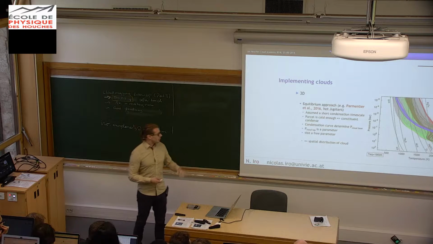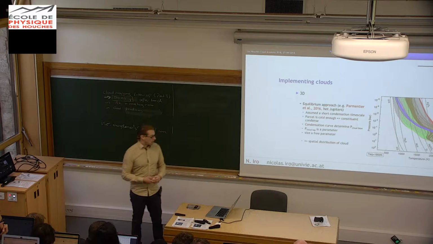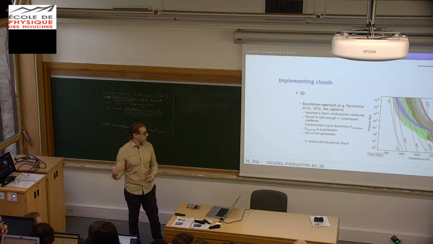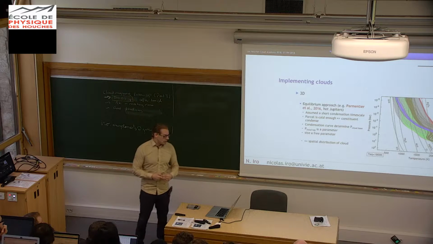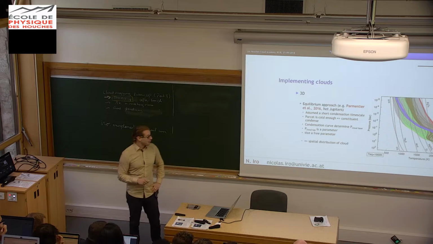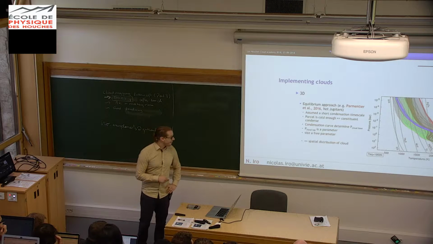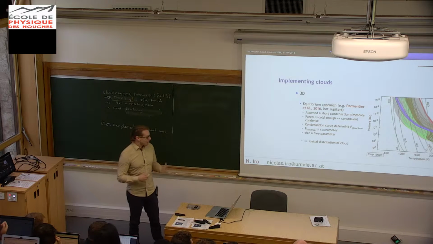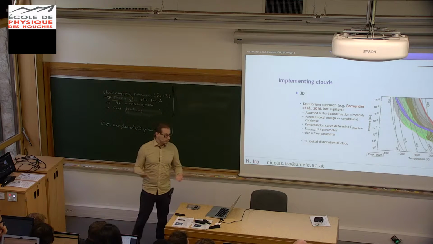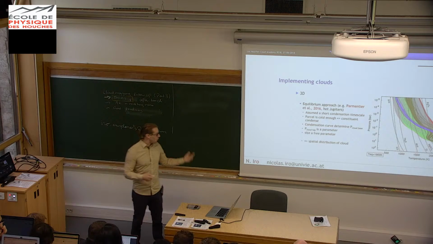So here I'm switching more to hot Jupiters. Of course Vivien will come right after me to talk about it, so I hope not to take too much of his material, but it's just a way, if you want to implement clouds in your GCM, of showing a few of the approaches.